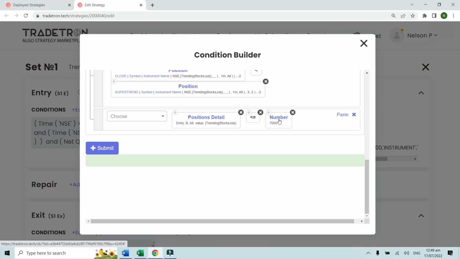For 4 times entry, it should be less than somewhere around 20,000 but greater than 15,000. Similarly for 5 times entry, it should be less than 25,000 but greater than 20,000. So that's how you can use the positions detail keywords to restrict the number of times you want to take entry in each stock on each side, either on the buy side or on the sell side.